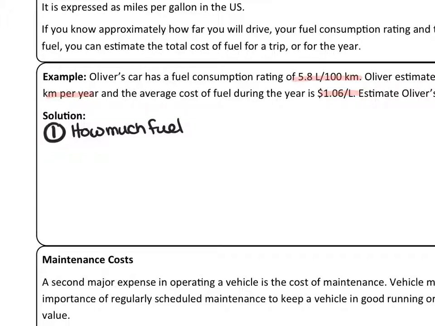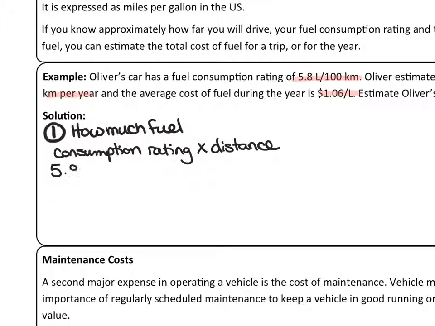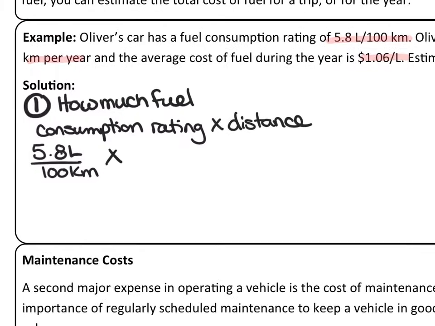That you can do by just taking the consumption rating and multiplying by the distance driven. So in this case, Oliver's consumption rating is 5.8 liters per 100 kilometers, and he drove 20,000 kilometers.